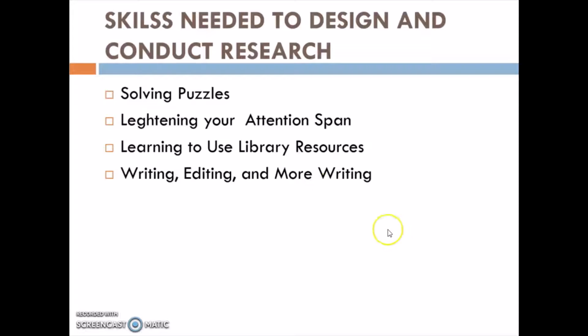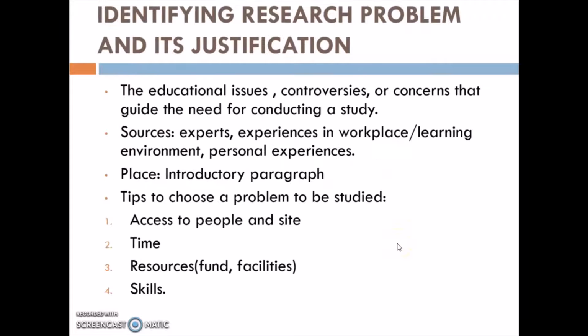Now let's come to how to identify the research problem. In identifying the research problem, you can find it from educational issues that are common around you at this time.